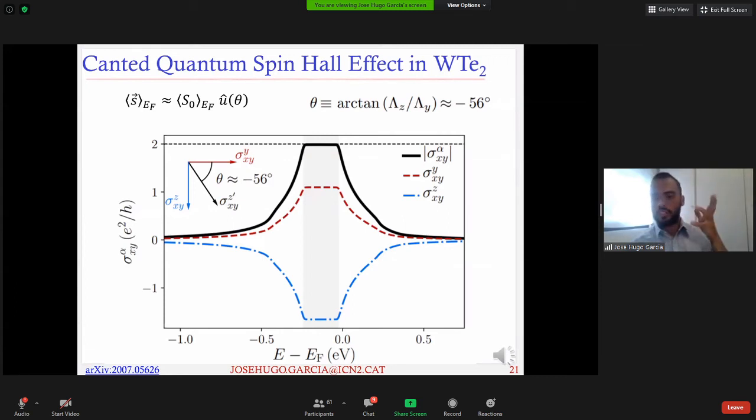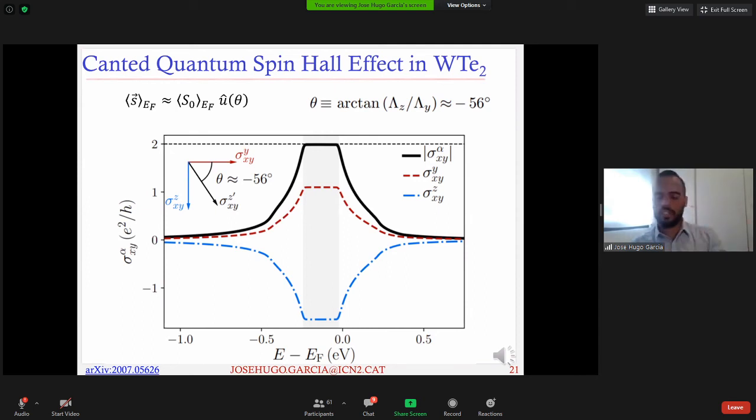So this result tells us that the low symmetry of tungsten telluride, and probably the low symmetry of MoTe2, allows for a quantum spin Hall insulating state that is tilted, which means that you are no longer constrained to the typical picture where the spin is perpendicular to the plane of the 2D material.